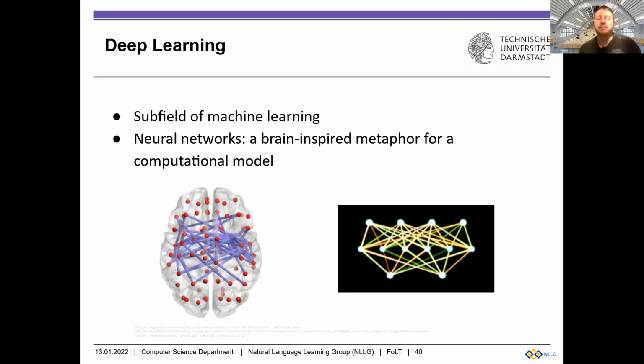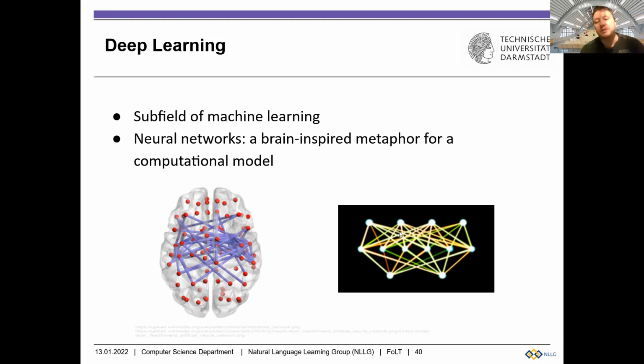Deep learning is a subfield of machine learning that is inspired by the human brain. The original metaphor was that we have neurons in our human brain, they're somehow connected, and this gives a network, right? Deep learning was previously also called artificial neural networks. So we have a network of neurons that somehow mimics the brain.